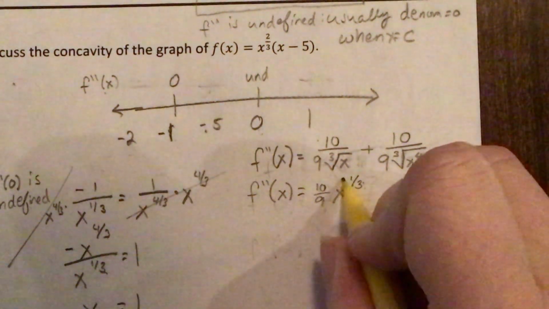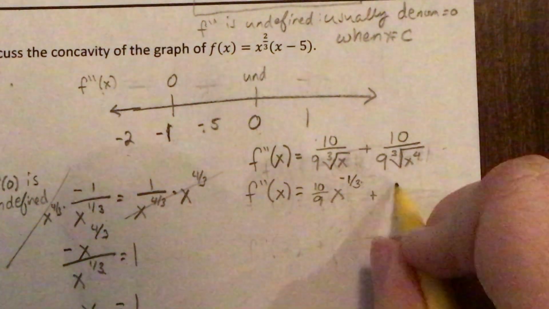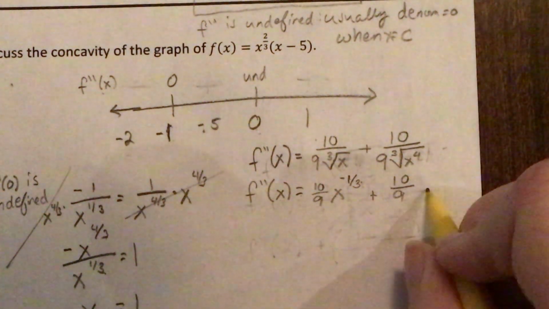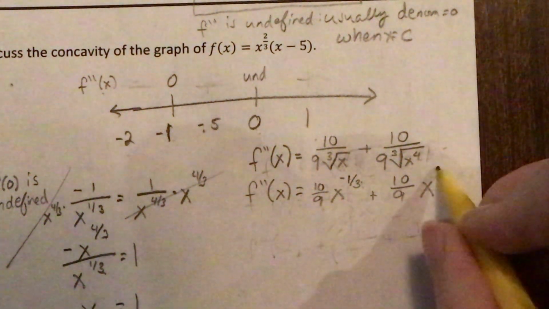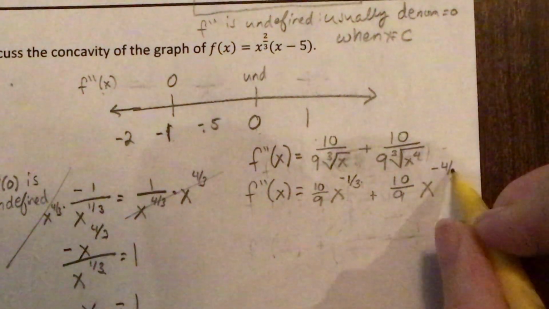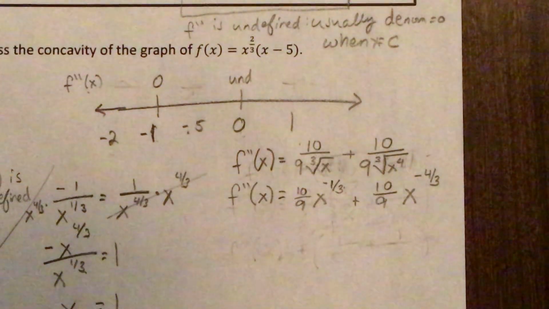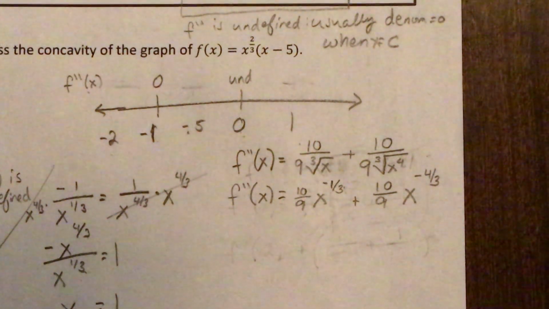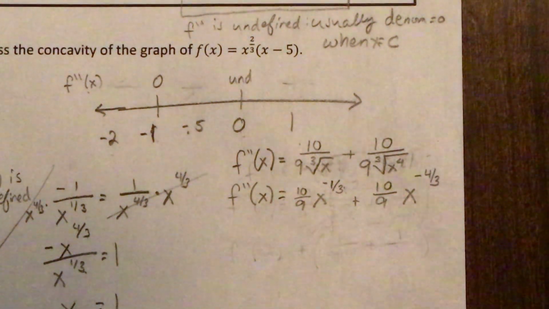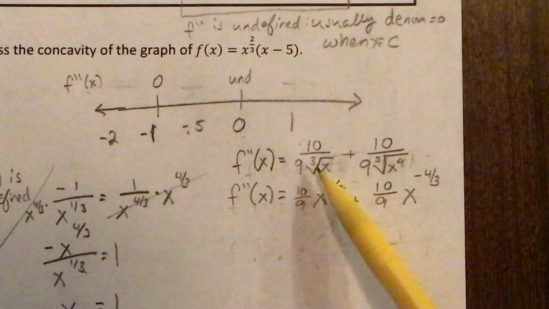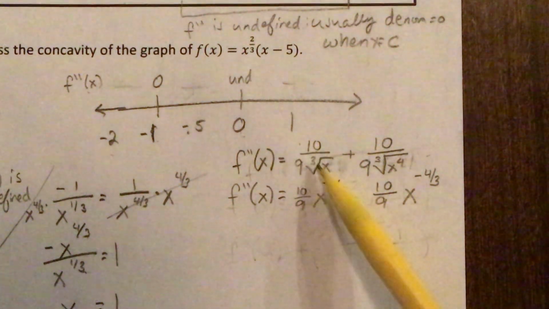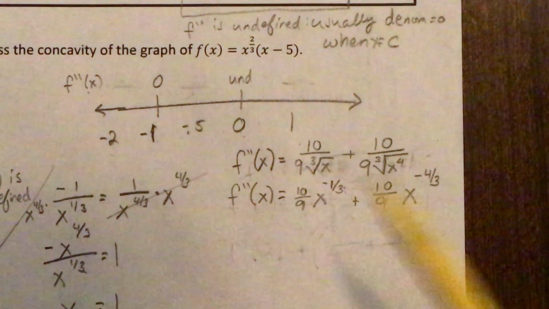Plus, and that's a negative 1/3 power, plus 10 over 9 x to the parentheses, negative 4/3 power. That's how I'd recommend, so you don't have to do the square root or the cube root, but you could do a cube root if you really felt like it. You have to hit the math key to get the cube root instead of a square root.